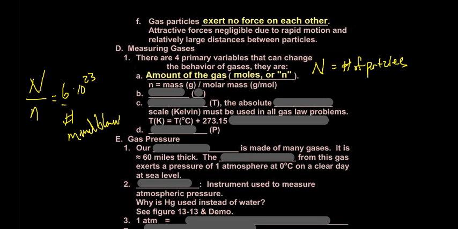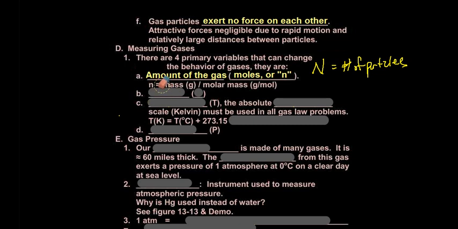But you guys knew that. Okay, that brings us to, n also equals the mass divided by the molar mass, which should also make sense, that if n is the number of moles, and we divide the total mass we have by the molar mass, that's going to give us the number of moles.